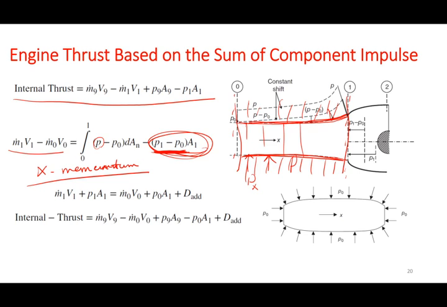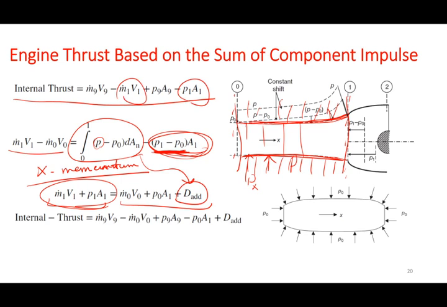And we call that part, this part, can actually be represented by your additive drag. So using this equation, we can replace m.1 v1 plus p1 a1, which we have here, with this term that relates your internal thrust to the zero station, and it just adds an additive drag.